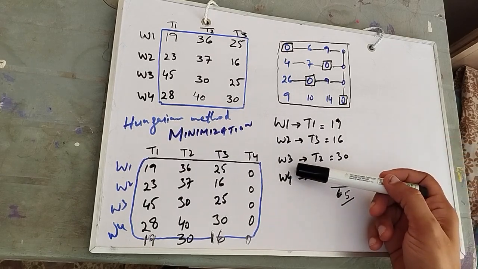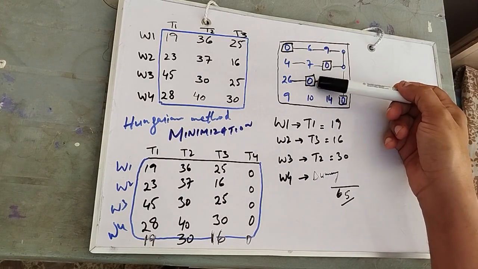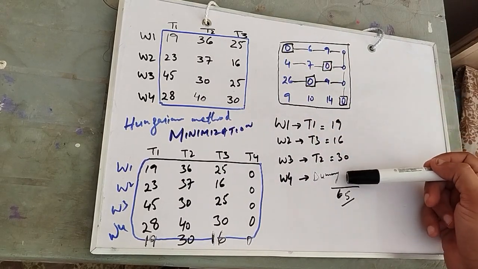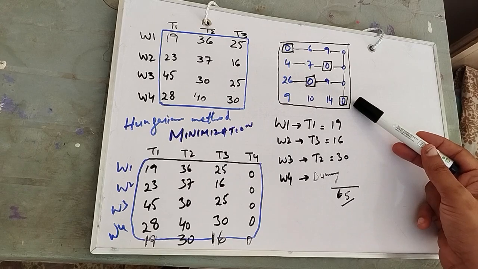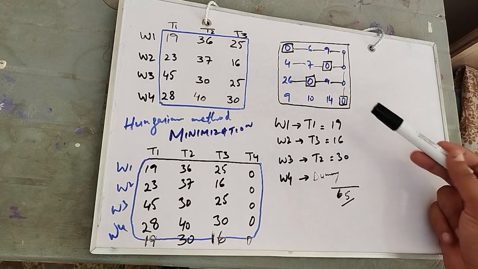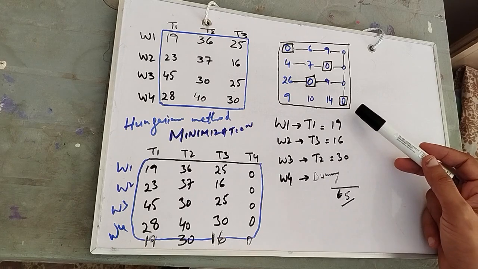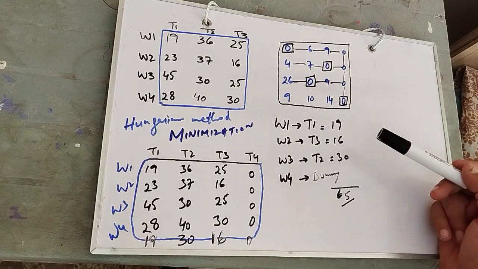Worker 3 is assigned task 2, 30. Worker 4 is not assigned to any task, since we took T4 as a dummy column. Whenever a task is assigned to a dummy column or dummy row, it means that worker is not assigned, that operator is not assigned, that professor is not assigned.